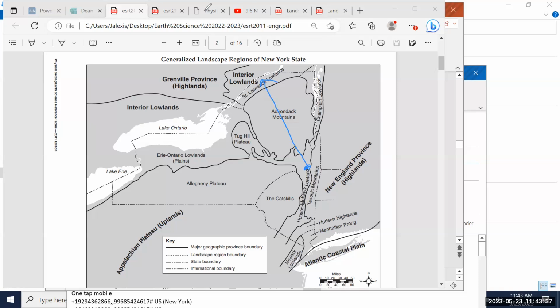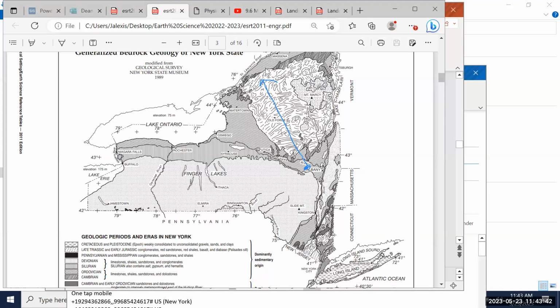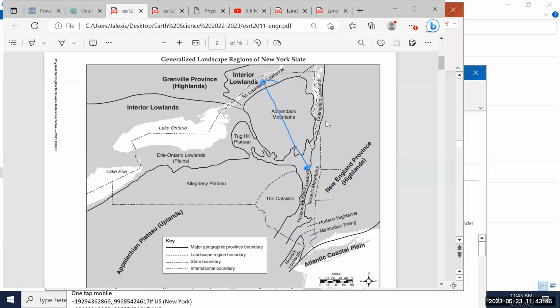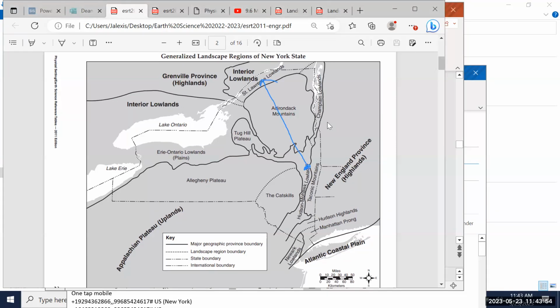Remember that we're doing this based on page 2 of the reference tables. Okay. So I start at the Hudson Mohawk lowlands, right here. And then after that, I have to cross the mountains and then I go back to a lowlands again. So I start at lowlands to the mountains and then to lowlands again.